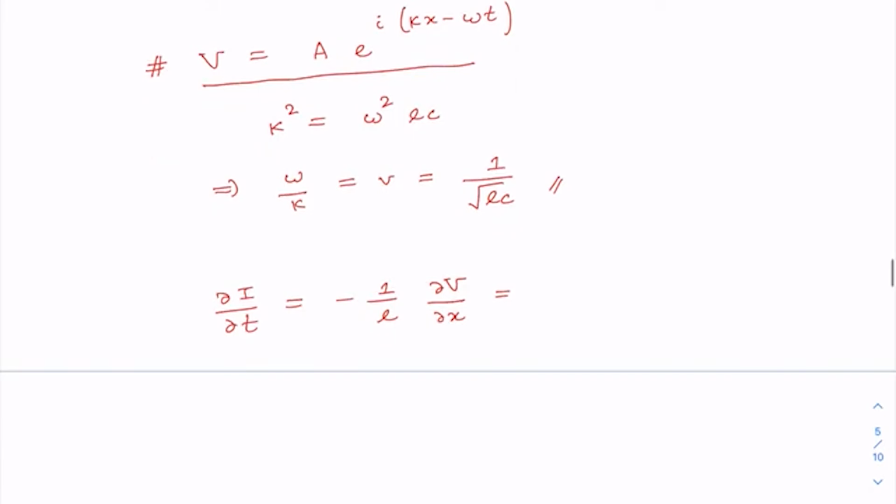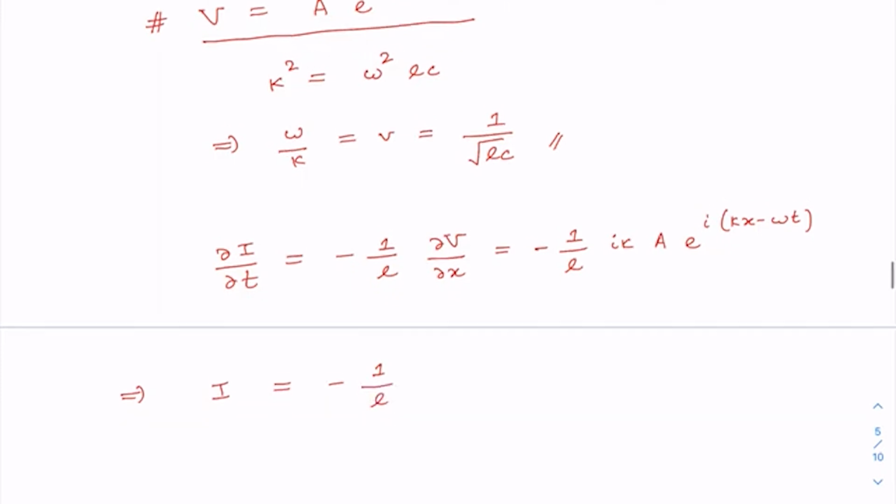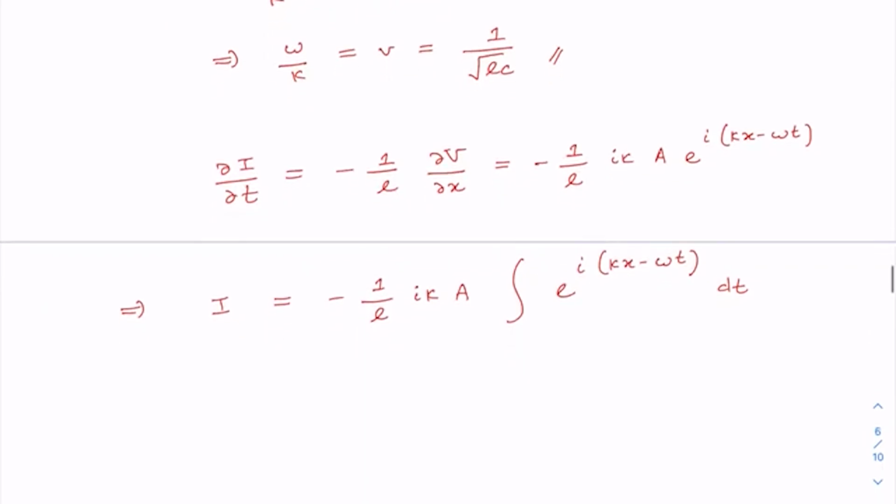If I put it there, then I will get minus 1 by L, i k A e to the power i(kx minus omega t). From here I can find out the current if I take the integral. So I will have minus 1 by L, let me first write the integral, i k A integration e to the power i(kx minus omega t) dt, and if I do the integration, you will get it.